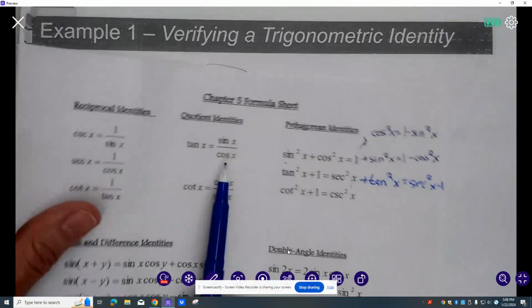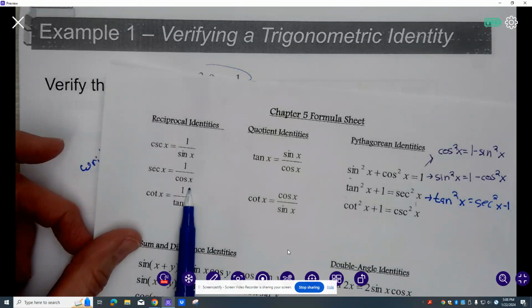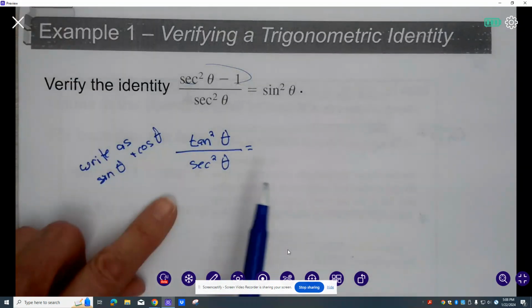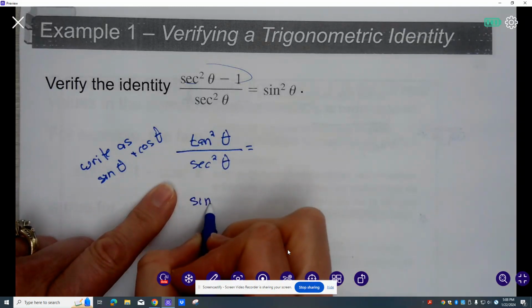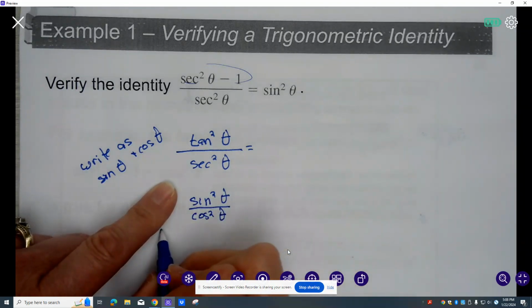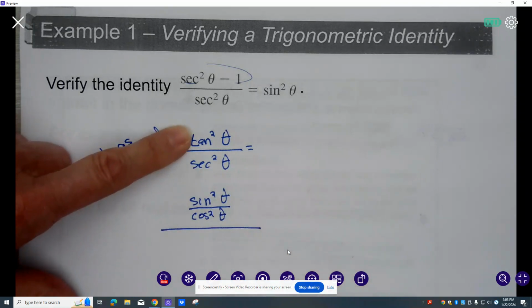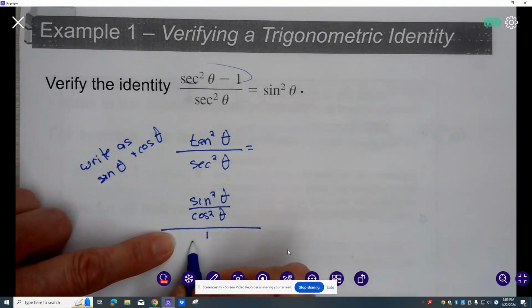Remember, tan is the same as sine over cosine, and secant is the same as 1 over cosine. Doesn't matter that these are squared. I can write tan squared as sine squared of theta over cosine squared of theta. And then secant squared is the same as 1 over cosine squared of theta.